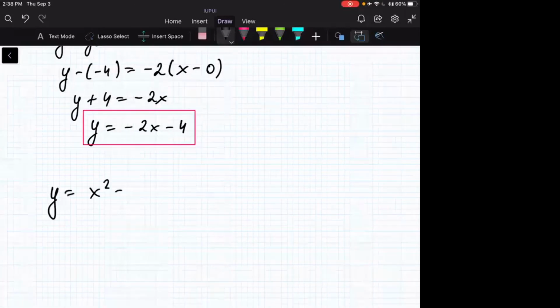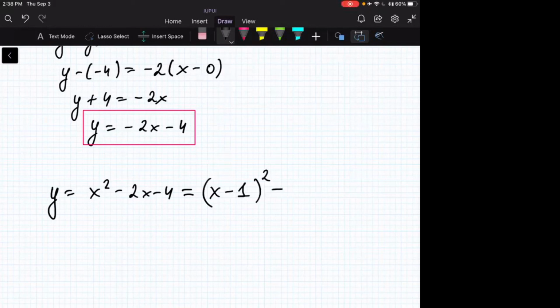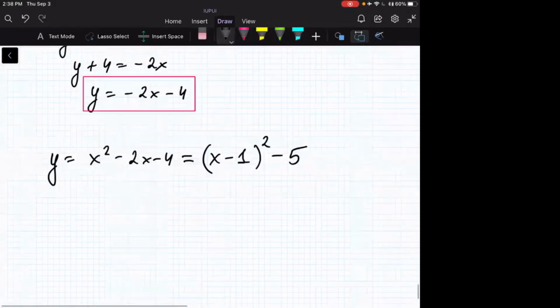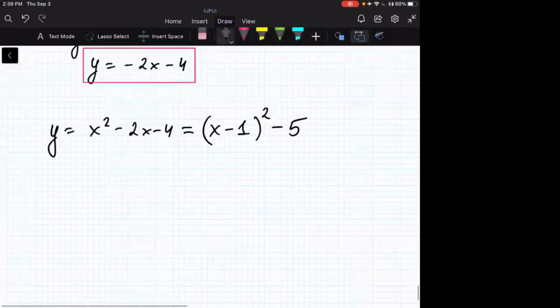So y is equal to, again, x squared minus 2x minus 4. If you complete the square, it will be what? It is x minus 1 squared minus 5. Right, I get x squared minus 2x plus 1 minus 5, which is minus 4. And you can draw this graph.